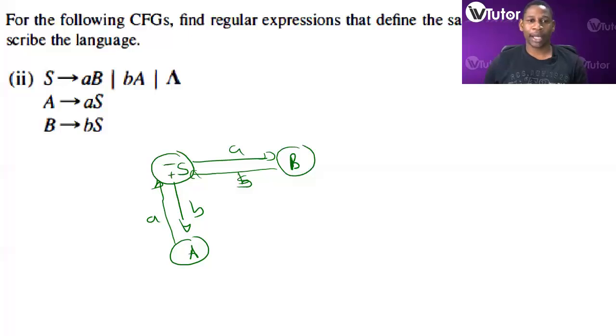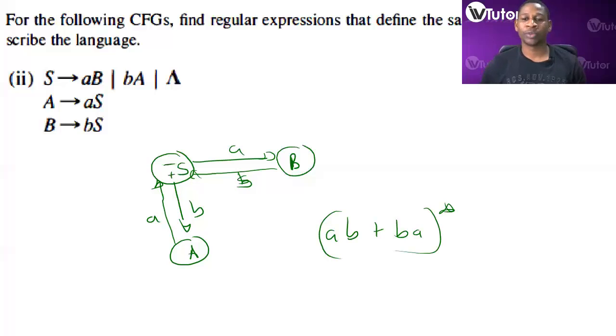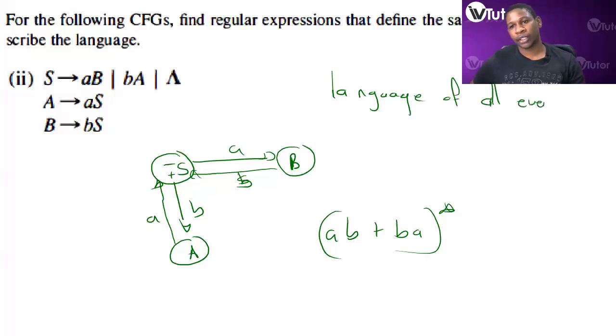So the language that we have is, we can have AB or BA like that. So this is the language that we have. So in this language, we can never have, language of all even letter words.